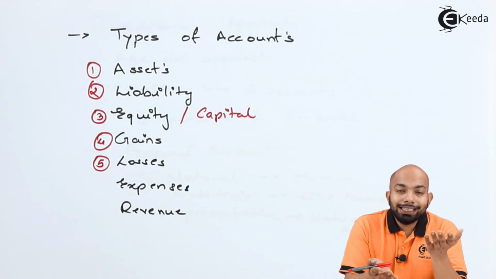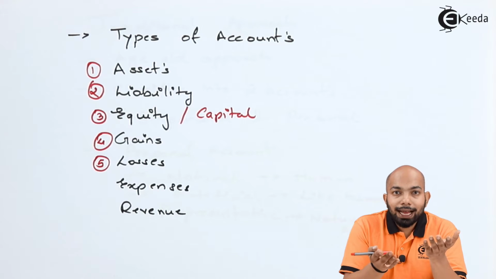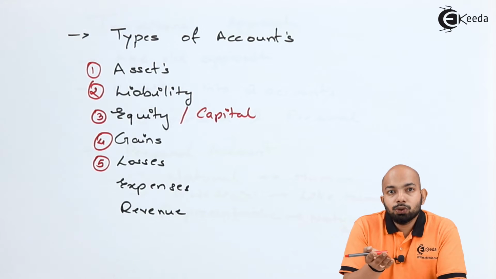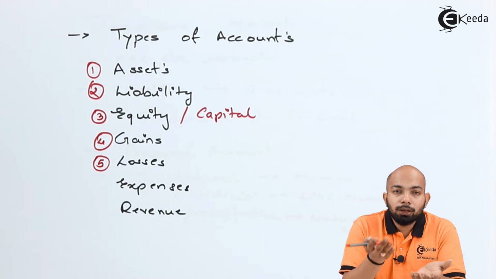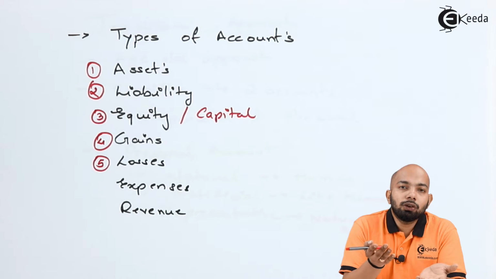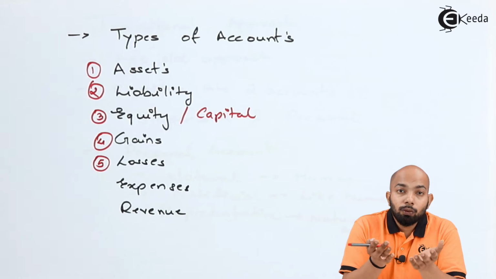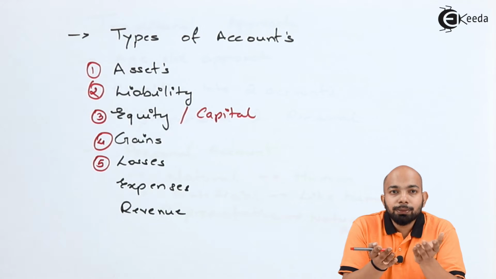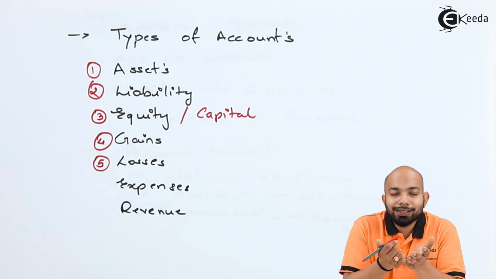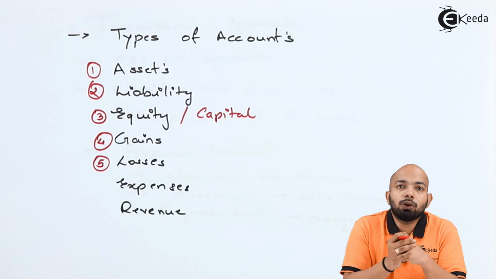Or else, if in a sale transaction the cost of the asset was 10 lakhs and it has been sold for 9 lakhs, hence there is a loss of 1 lakh. Now, the market value of 10 lakh and the sale value of 9 lakh, there is a difference of 1 lakh, which clearly states that the asset has been sold at a loss. All these transactions, all these accounts will form a part of the loss category.